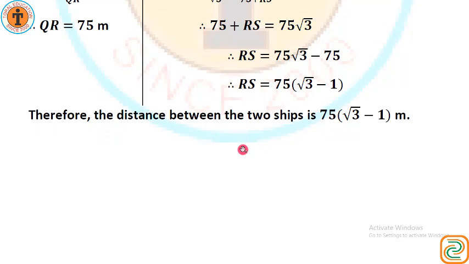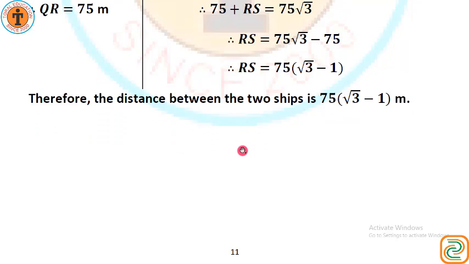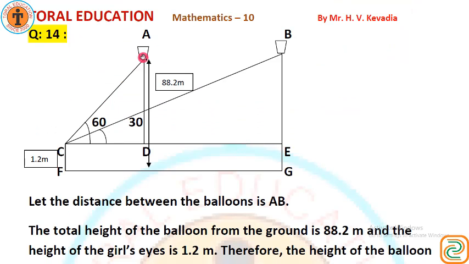Question number 14. Figure is given. Two balloons A and B. A 1.2 meter tall girl CF spots a balloon moving with the wind in a horizontal line at a height of 88.2 meter. Total height is 88.2 meter from the ground.